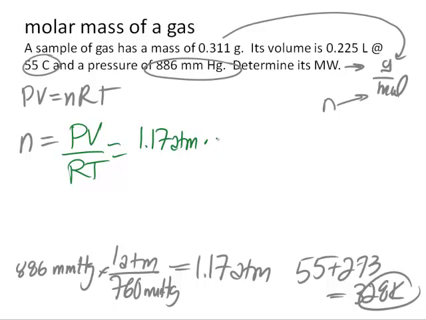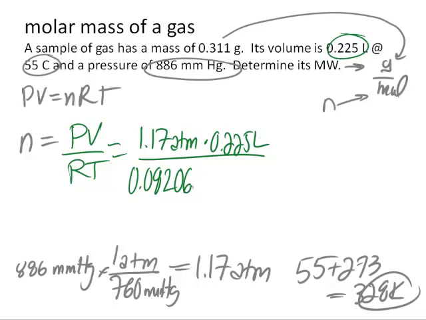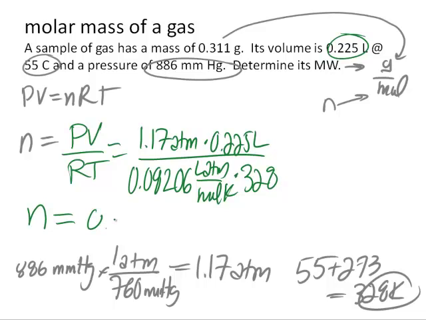Our volume was 0.225 liters, divided by our ideal gas constant, 0.08206 liters atmospheres per mole Kelvin, times temperature in Kelvin, 328. And that will give us the number of moles, which is 0.0090 moles.